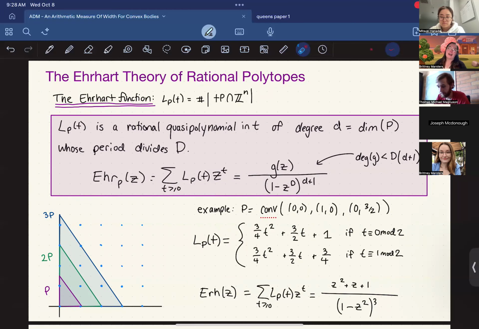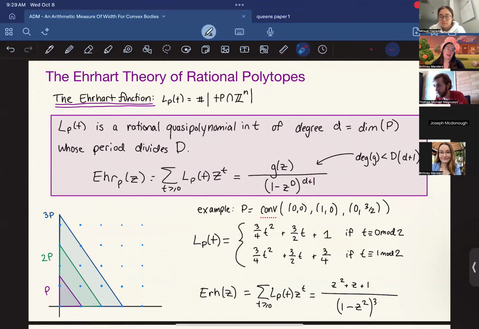Ehrhart theory cares about counting lattice points in dilates of rational polytopes. In particular, the counting function forms a rational quasi-polynomial in your dilation factor, where the degree and the period depend on the geometry of the rational polytope.